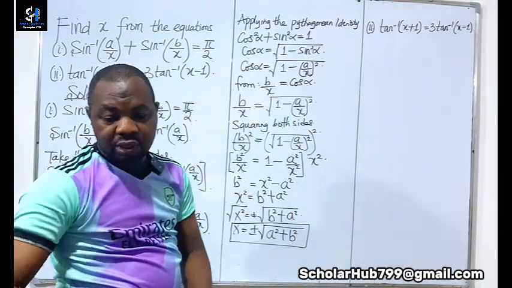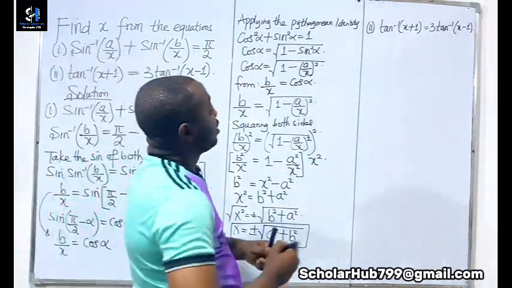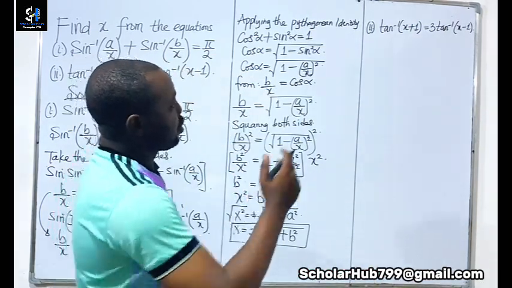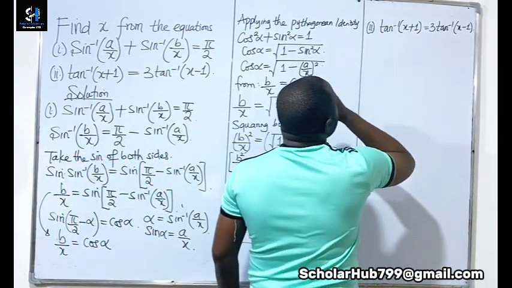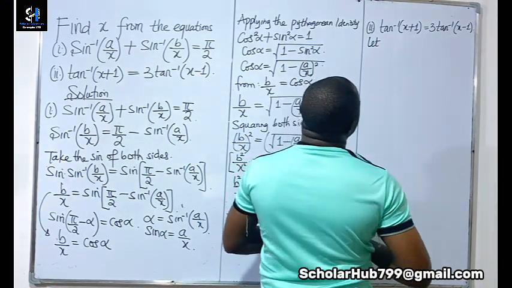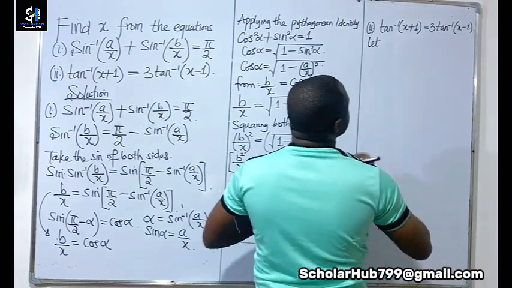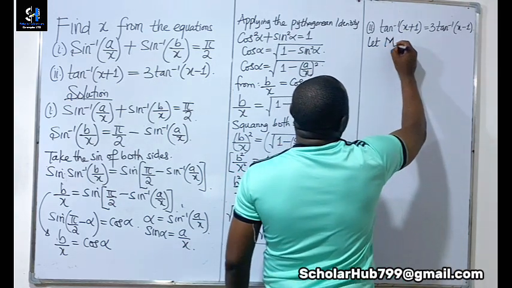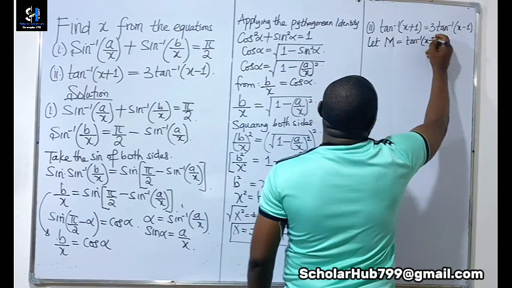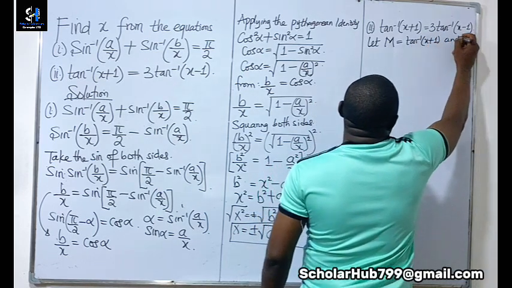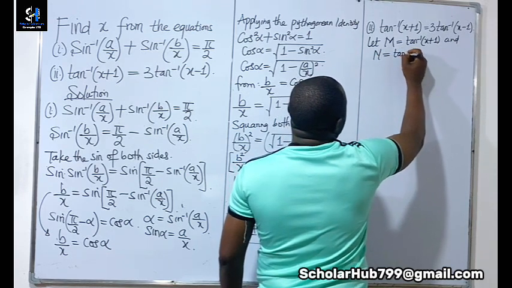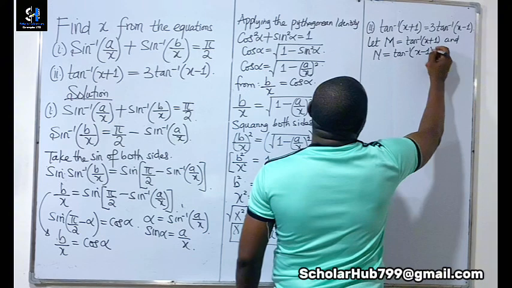In this case, what I will do first is, let me write, let m equal inverse tan of x plus 1, and let n equal inverse tan of x minus 1.